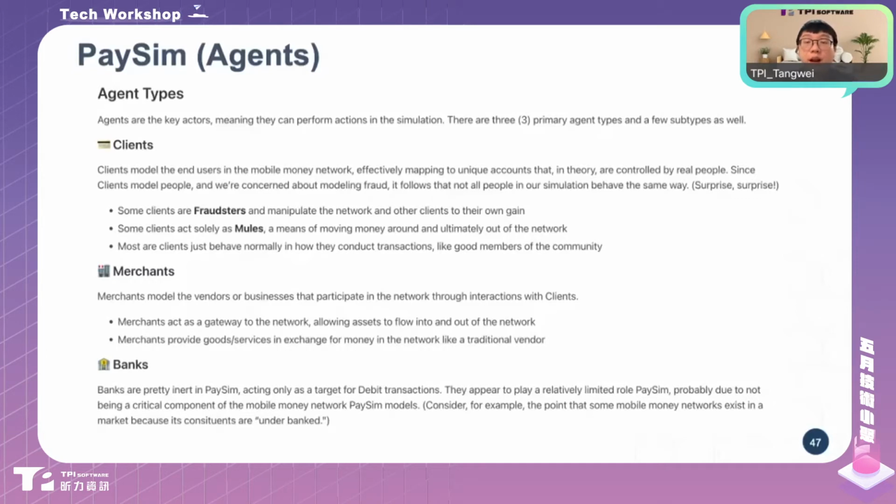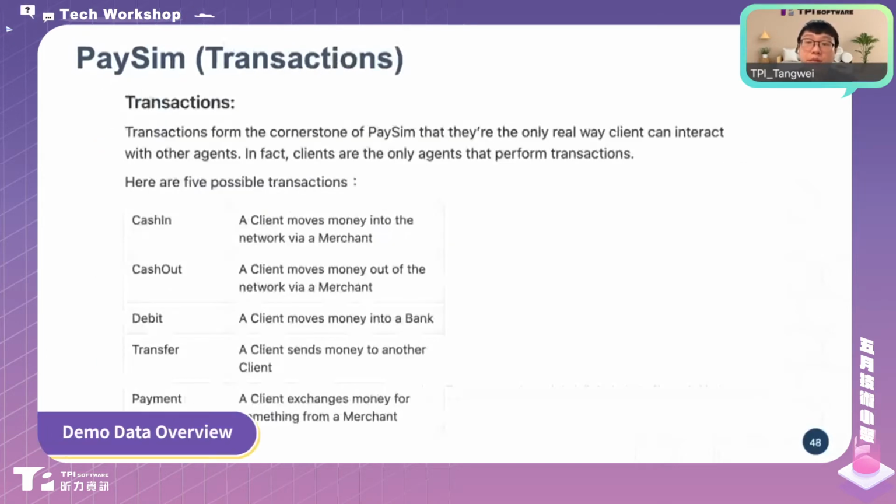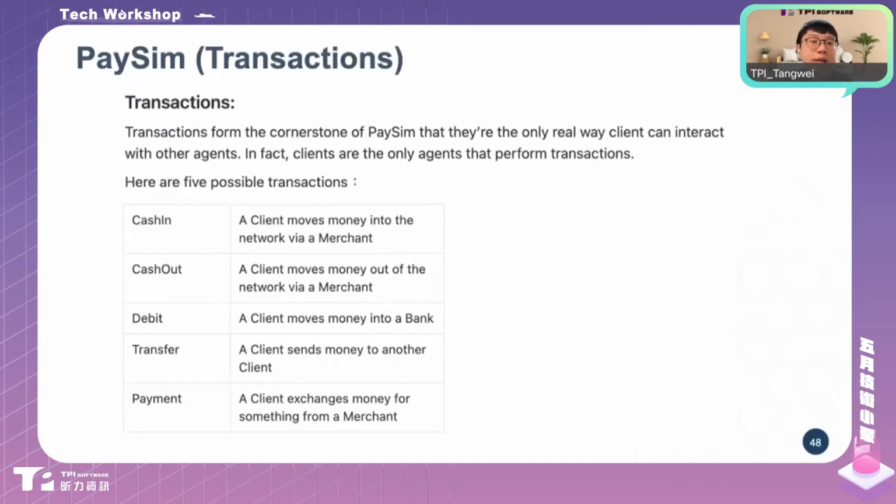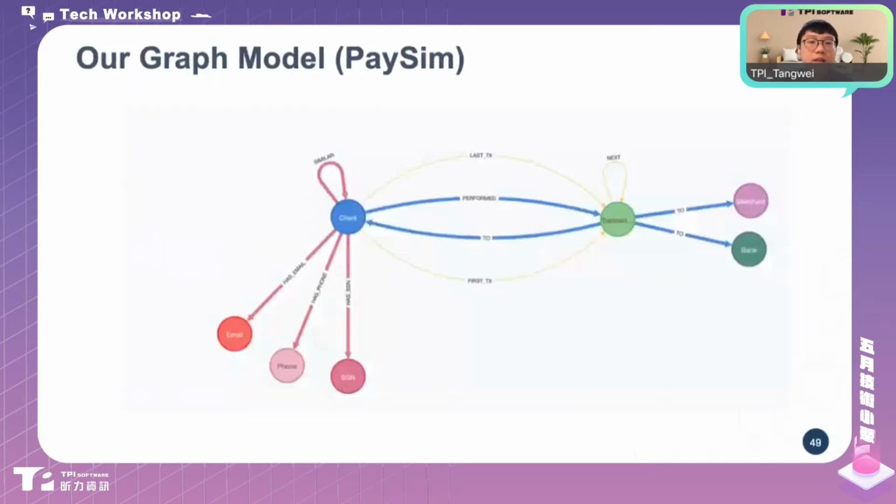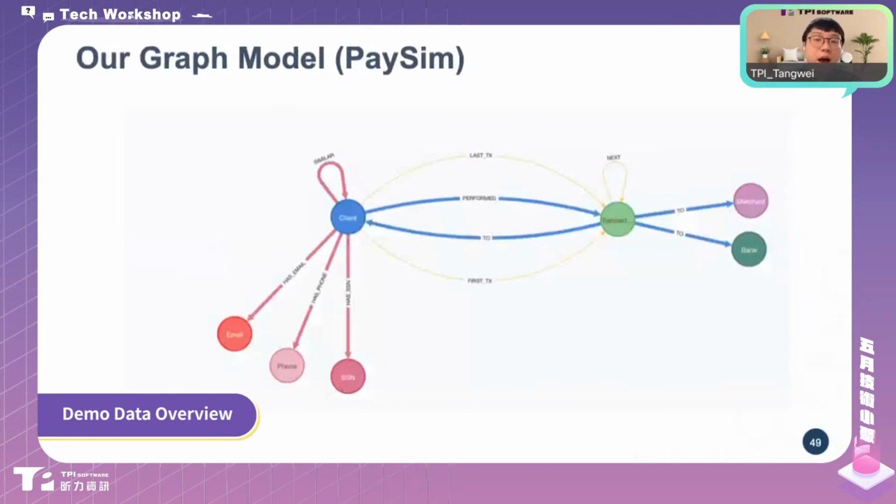Here comes another important component in PaySim, the transactions. In the PaySim dataset, transactions are the only real way that clients can interact with other agents. There are 5 possible transactions: cash in, cash out, debit, transfer, and payment. So here is what our data model looks like before we dig into the actual demo.